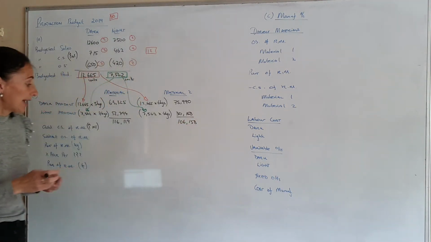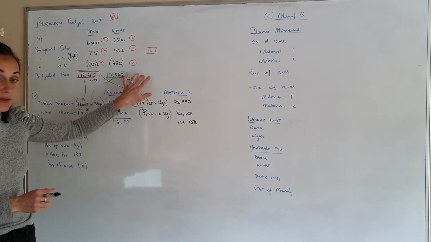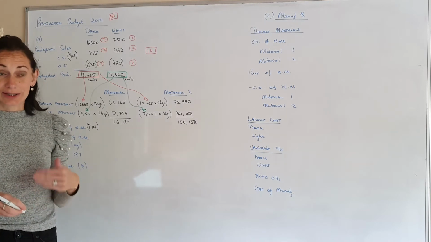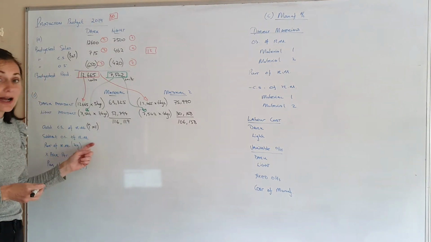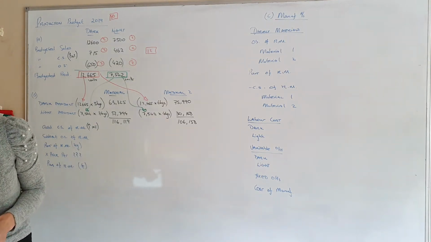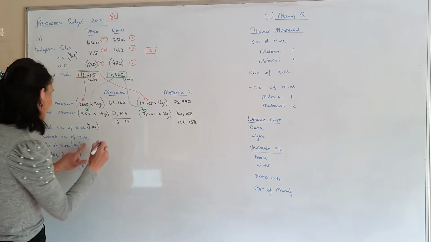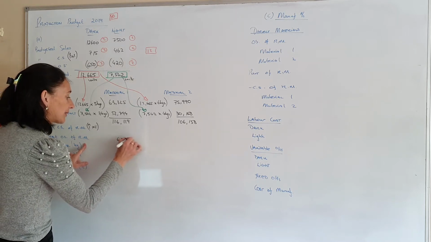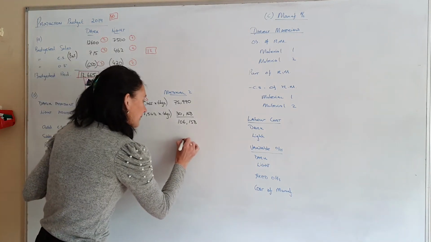Okay, so at this stage, this is the amount of raw materials that you need to make these units. Plus, you want to have raw materials left so you're ready for production for next year. And then you already had raw materials at the start, which can be taken away. So in reading your chart, you're going back to your table. At the start, your raw materials of 1, you had 6,500. And of raw material 2, you had 5,500.